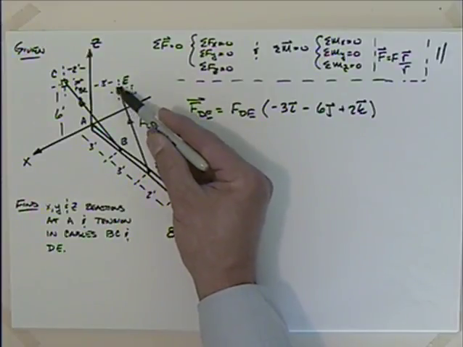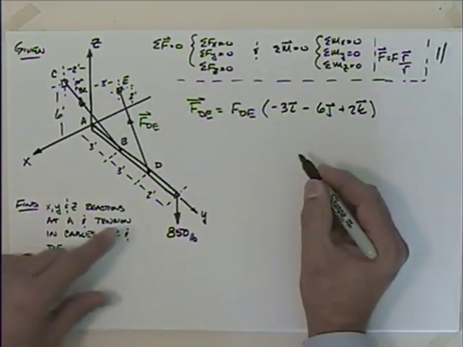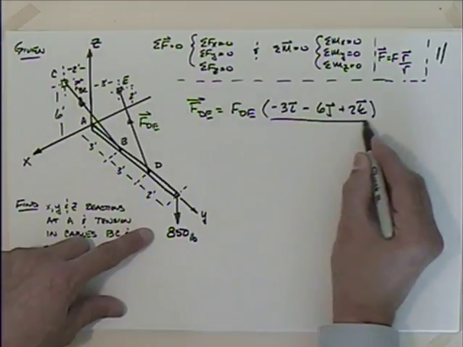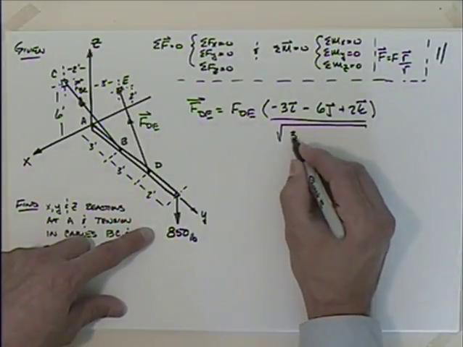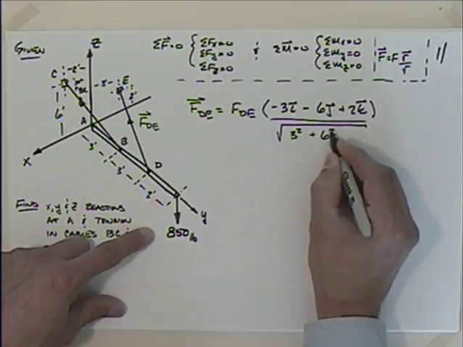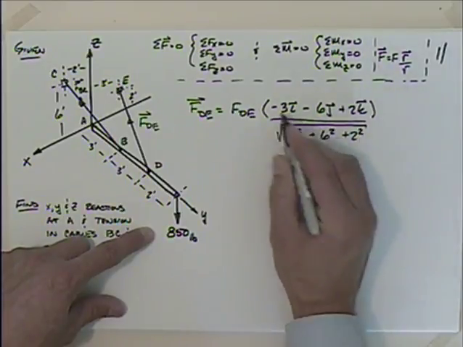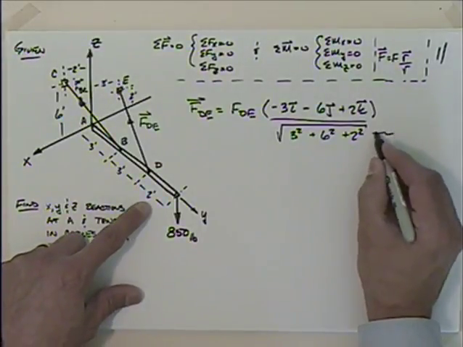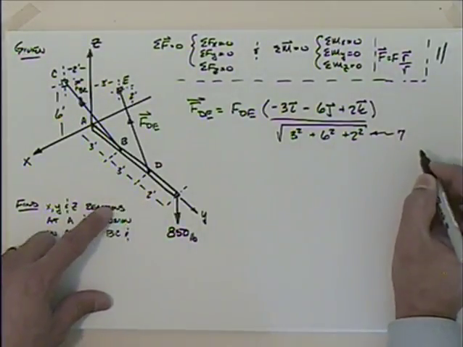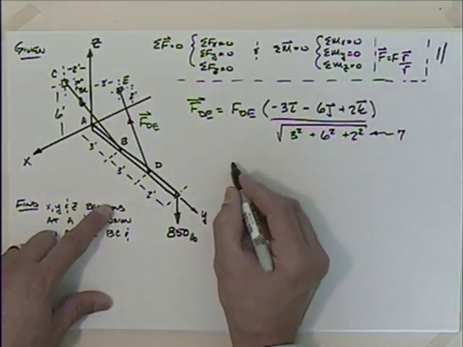And then positive 2 in the Z. So that looks correct. Now I need to divide this by the magnitude. So I'm going to divide this by the square root of 3 squared plus 6 squared plus 2 squared. I wasn't careful with the negative signs because they go away when we square it. And I believe that denominator turns out to be 7. So that'll keep the math nice and easy.